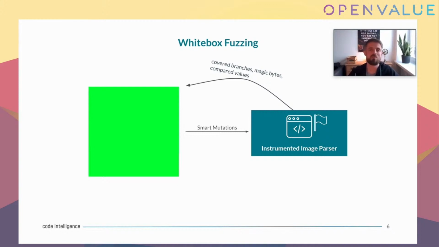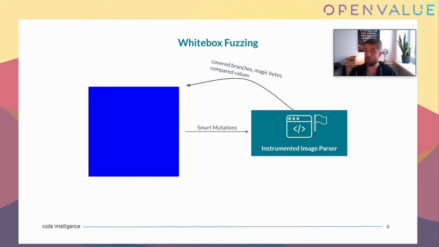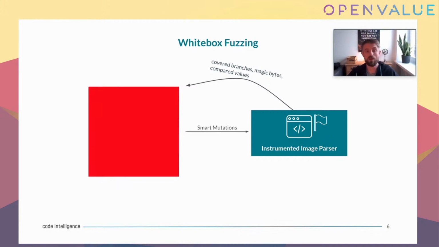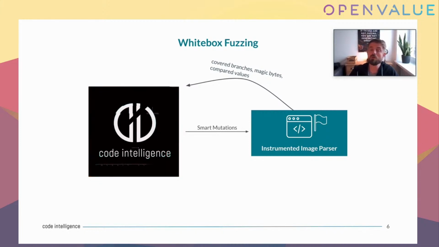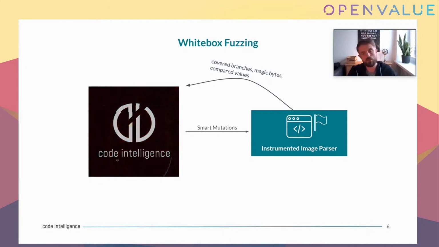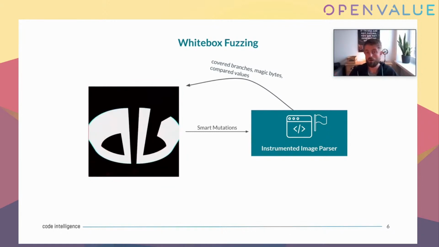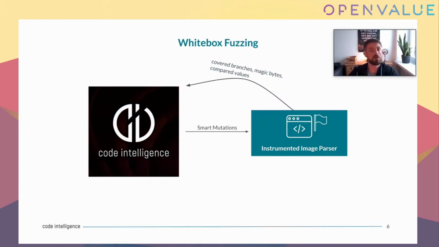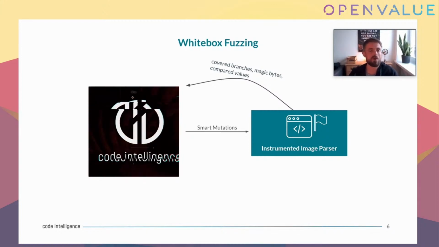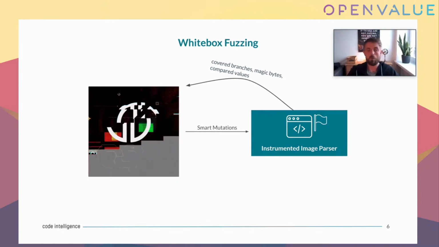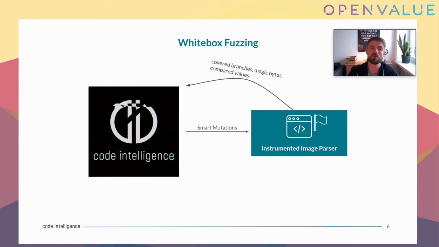So it probably doesn't make sense for us just to create something with the color green. You could do further mutations there, and it could look like that or that. And you could also learn from unit test data, because if you run the unit test or system test data here, you would see whether it triggers some specific new paths and basically learn. And what's happening during fuzzing is what you see on the left.